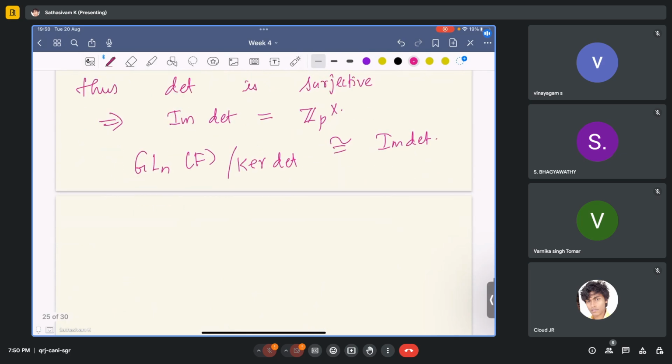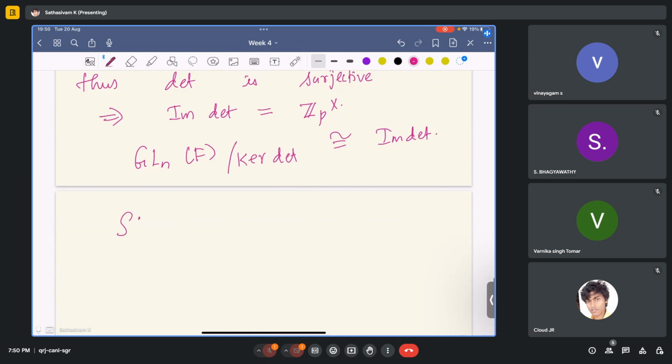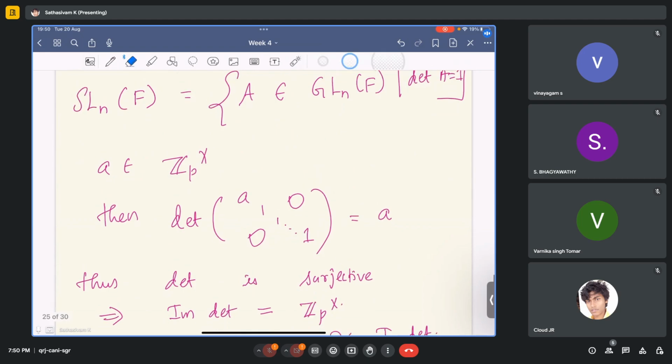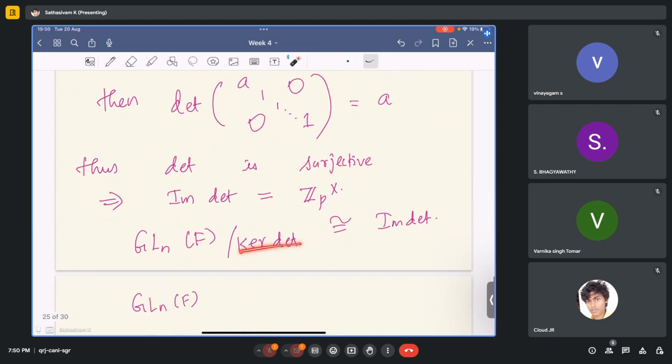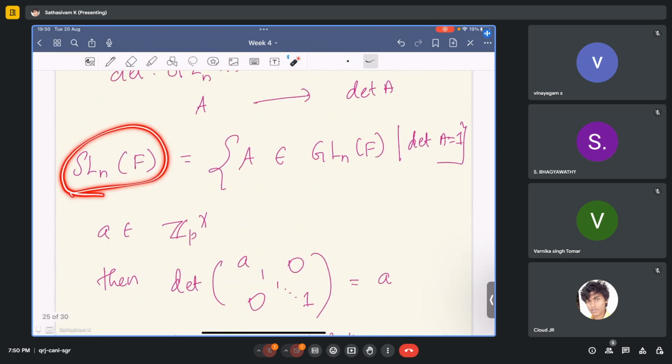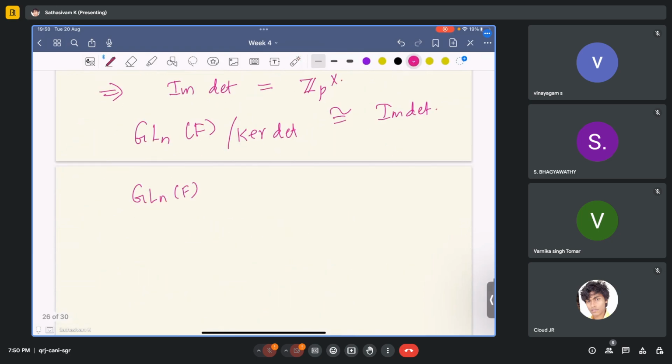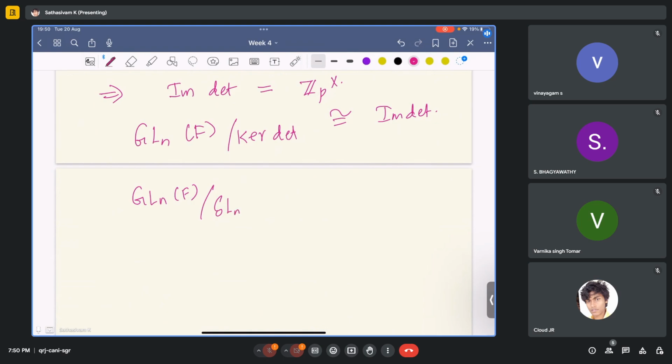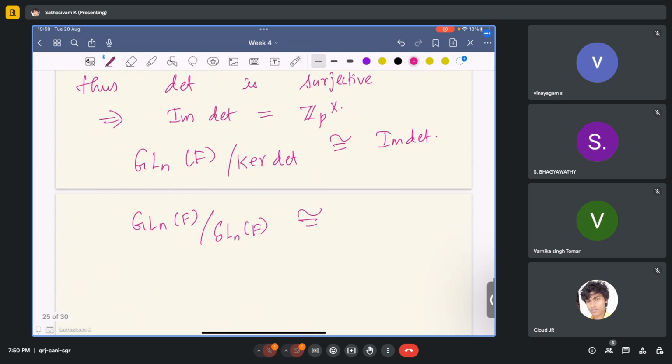So what is the kernel? The kernel is SL_n(F). Why? The kernel is the set of all elements such that the determinant is 1, which is exactly the definition of SL_n. So GL_n by SL_n of F is isomorphic to the image of the determinant, which is Z_p star.